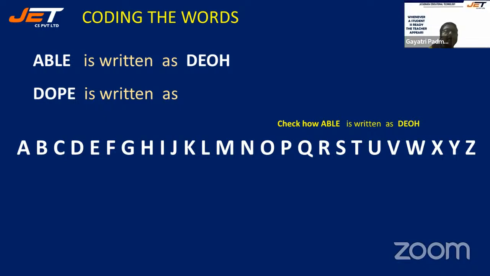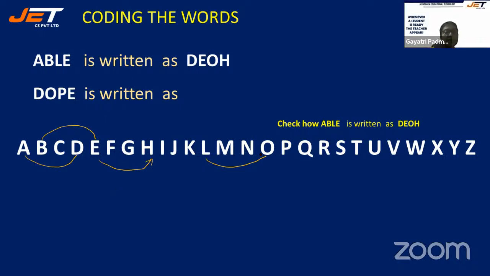So A is written as D. B is written as E. L is written as O. E is written as H. Right?